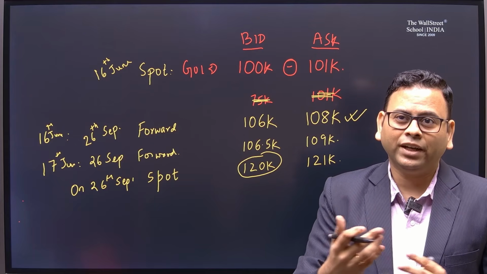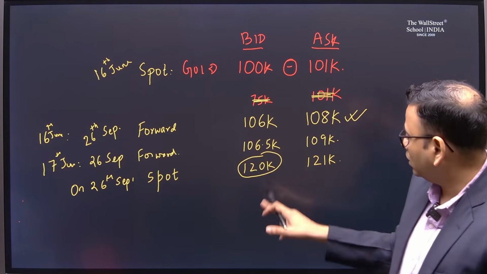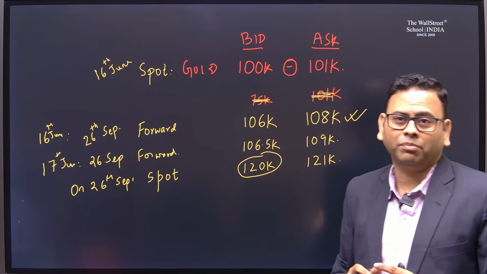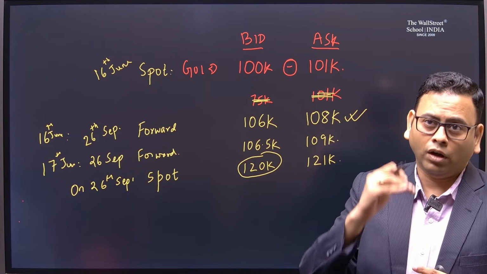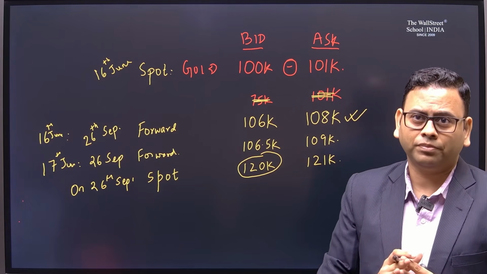So, it is this immediate profit of 12,000 which you can get, because the spot price on 26th of September has gone above the price which you had fixed with Kalyan Jewellers.